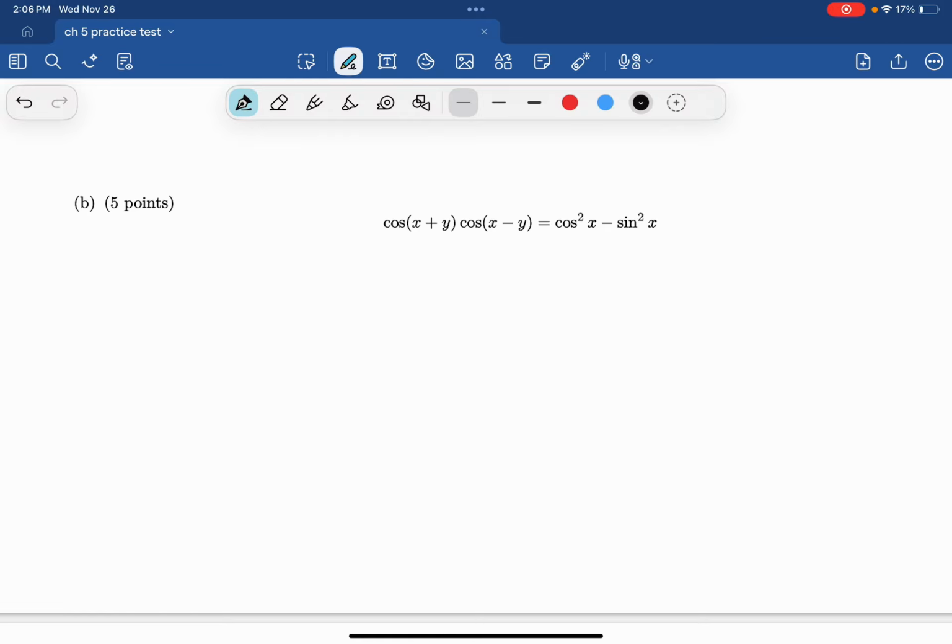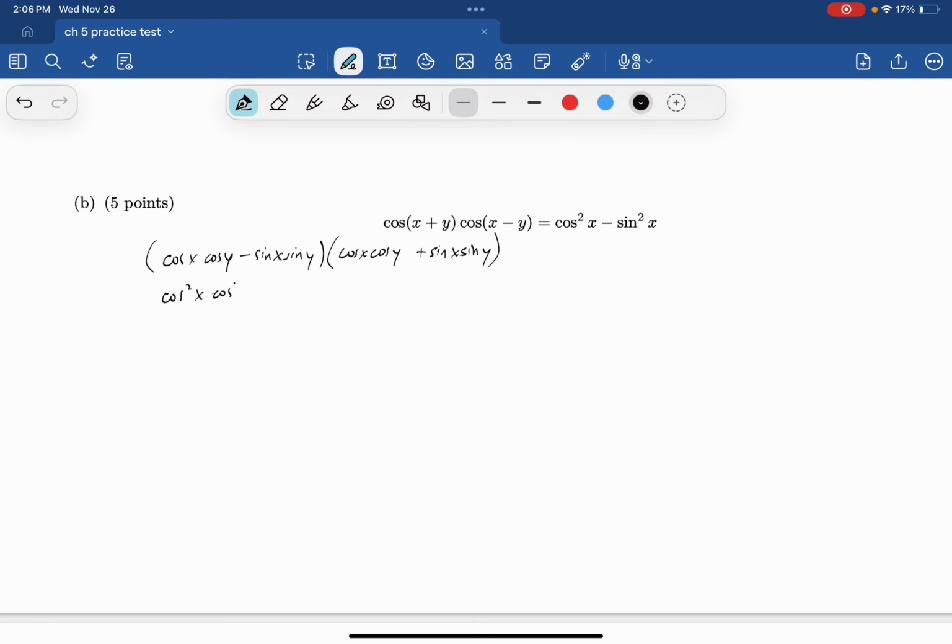So this is going to become, now if we expand this, we're going to get, this is just a difference of squares actually.